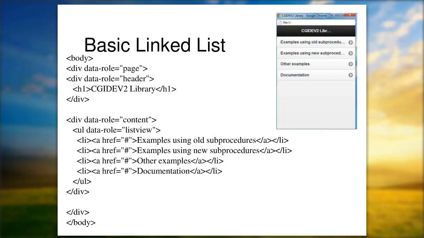If you look at the code on the left, here we have data-role equals page. It's just 1 page here, and we have a header. And further down in the middle, if you look at the data-role equals content, we have an opening and closing UL element. And inside we have our individual LI elements, and inside there we have our a href.